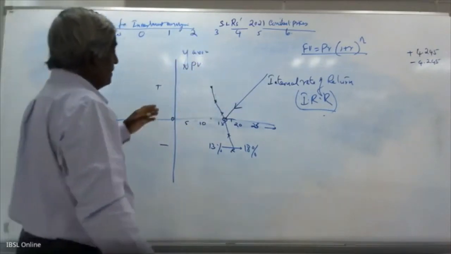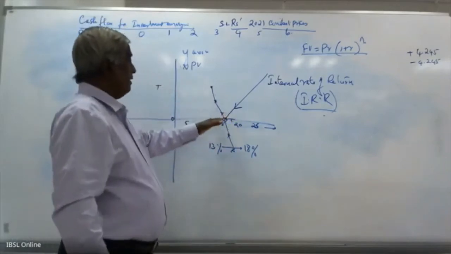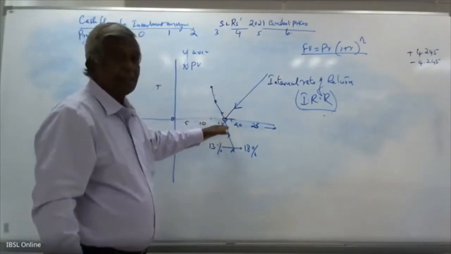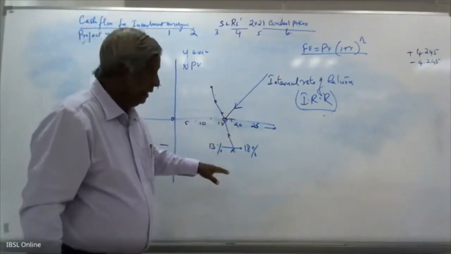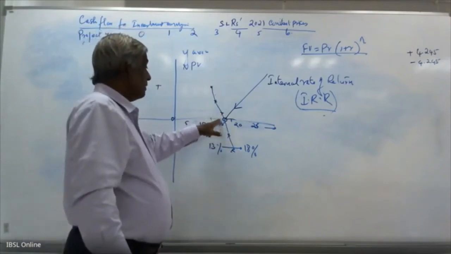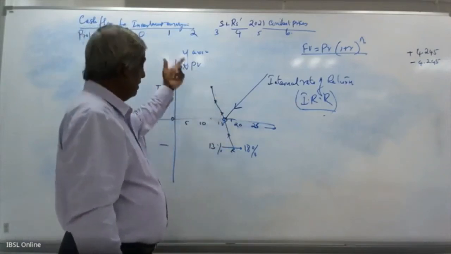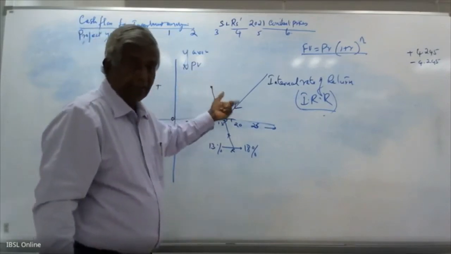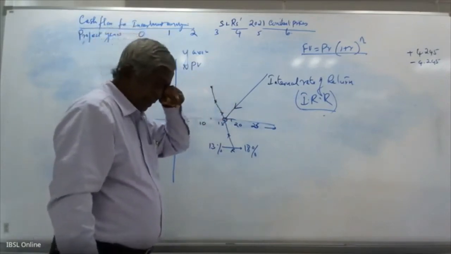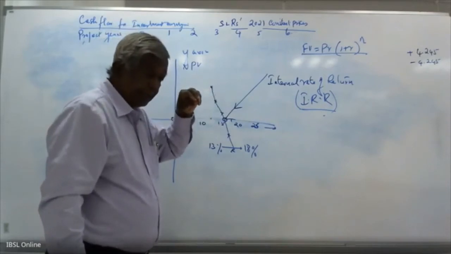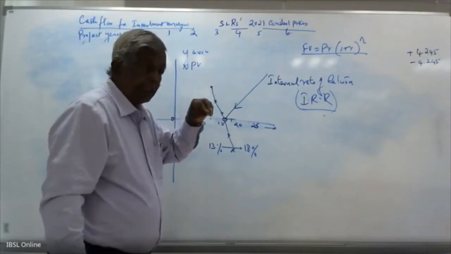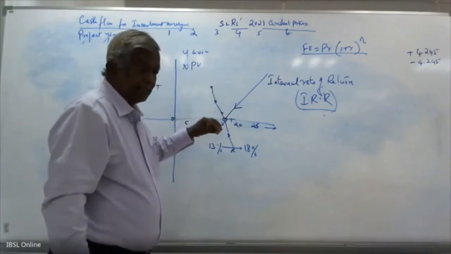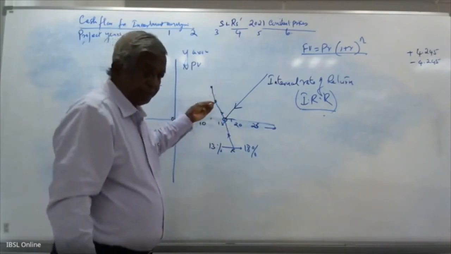If the borrowing interest rate is below IRR, the project is worthy. If the borrowing interest rate is more than IRR, the project is not worthy. Once again, I am repeating it. If the borrowing interest rate or the discounting rate is more than IRR, the project is not worthy.